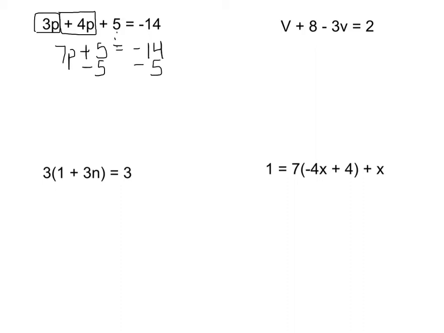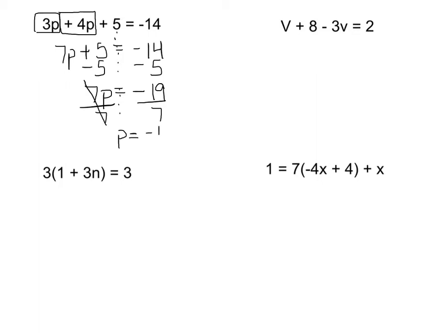Subtract 5. If it helps, draw that line down the page. That's going to give me 7p. It's going to give me negative 19. Divide by 7 because this is multiplication. The inverse is division. And we end up with a fraction.